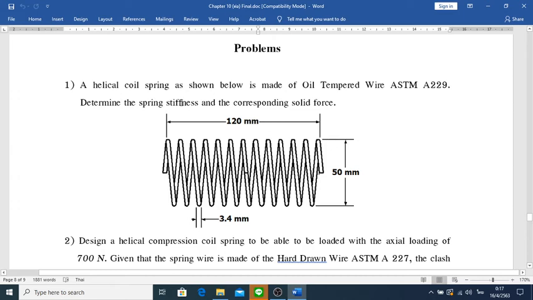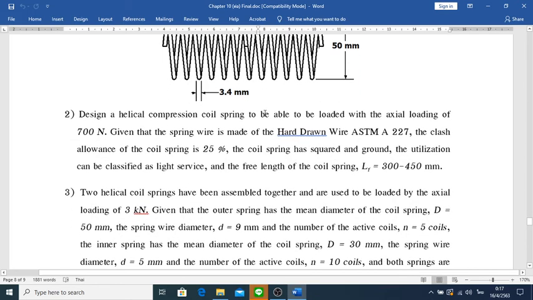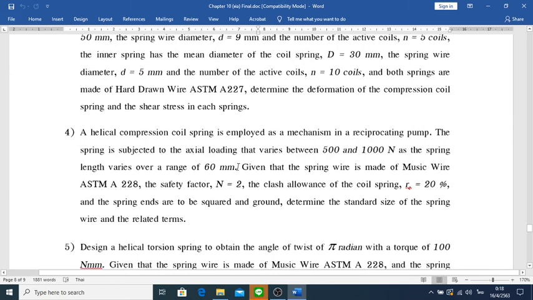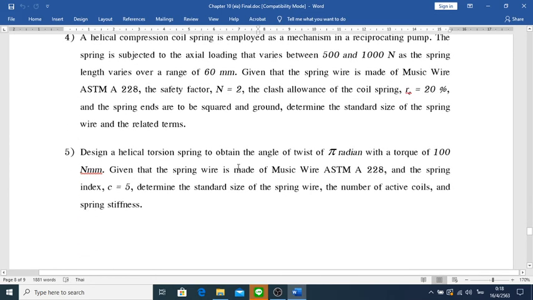And you calculate everything for the spring rod of the compressive coil spring. You're going to practice by yourself on example number 1 there, and then number 4, you can practice by yourself, things like that.